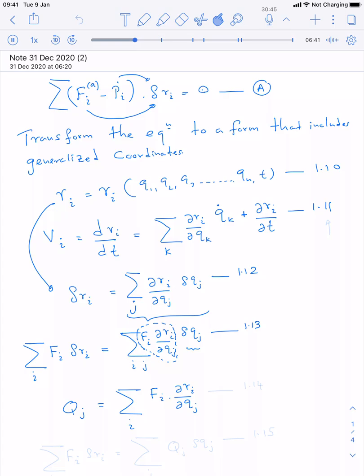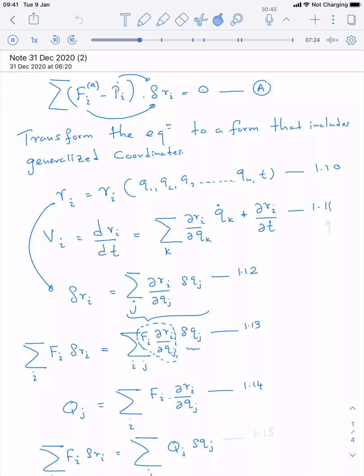Now we take this as 1.14, and now in terms of generalized force, we can write the above equation, sum of Fi delta Ri, equal to the sum of Qj delta Qj, right?